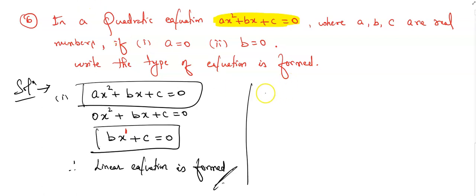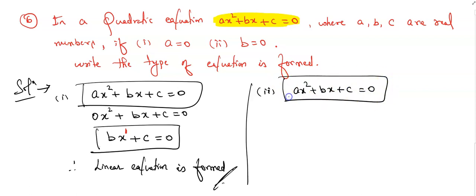Understood? Similarly, let me say ax square plus bx plus c is equals to 0. In this equation, I will substitute ax square as it is. In place of b, I will substitute 0: ax square plus 0x plus c is equals to 0. Then 0 into x is 0, leave it.